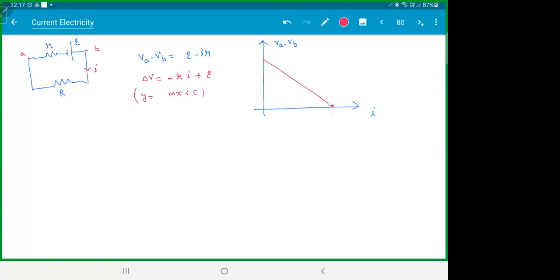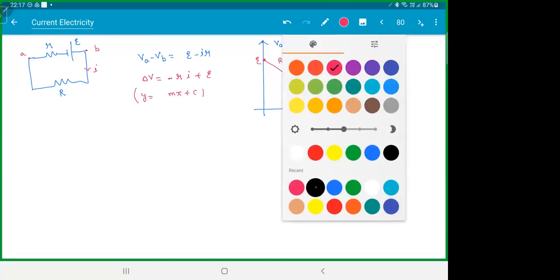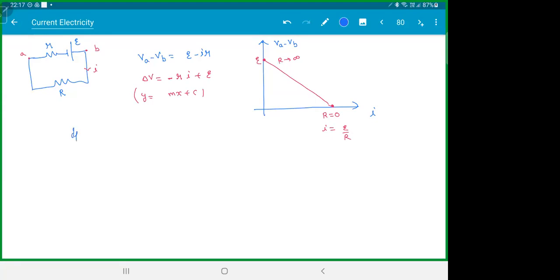At this point here, R is 0, meaning potential difference is 0. So I is E by r. At this point here, R is infinity, meaning there is no circuit. Potential difference becomes EMF. If R becomes infinity, that is an open circuit, meaning the resistor is not connected at all, then E becomes VA minus VB.